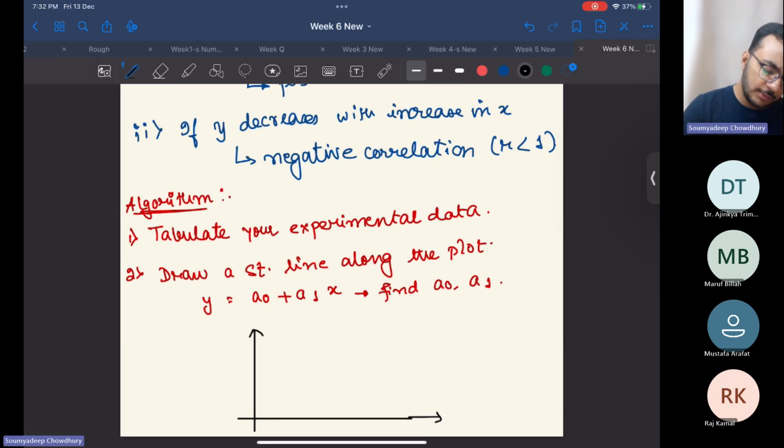So suppose this is y, this is x, right? Suppose you have 4 data points like this. One more here.